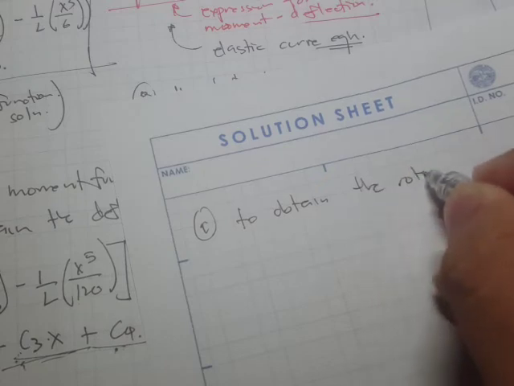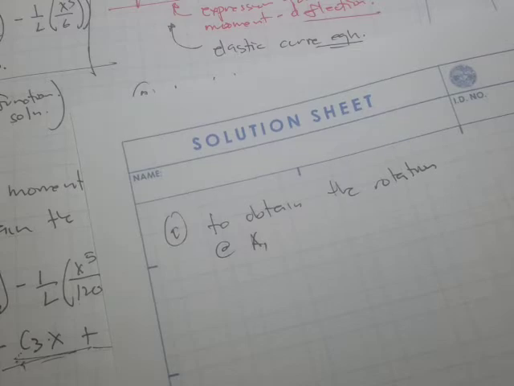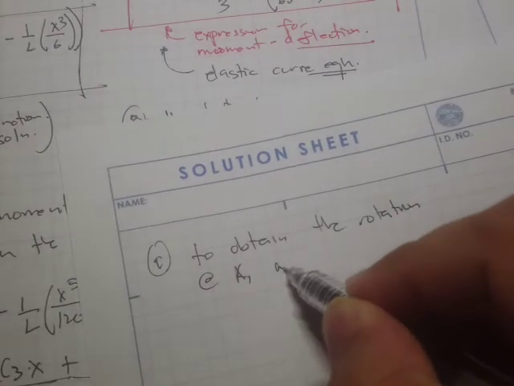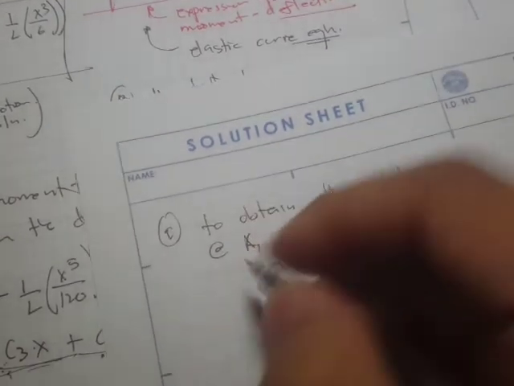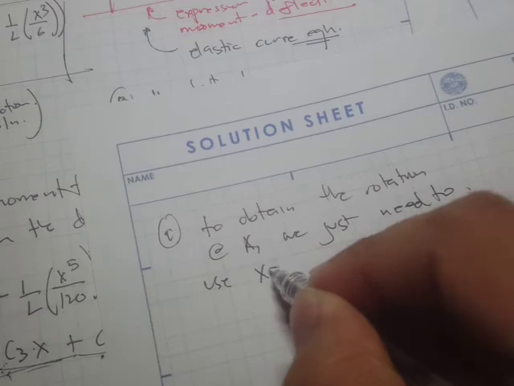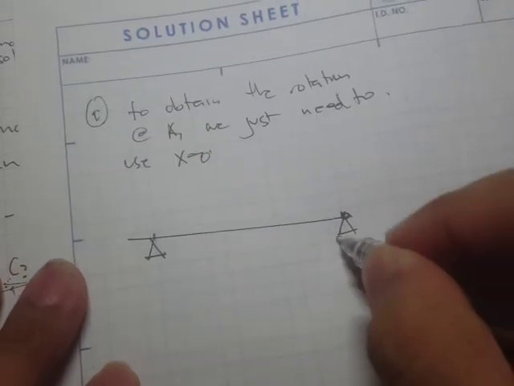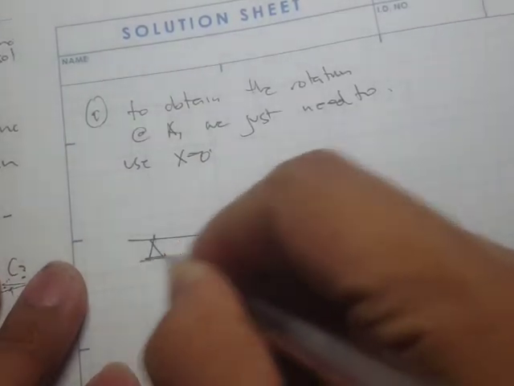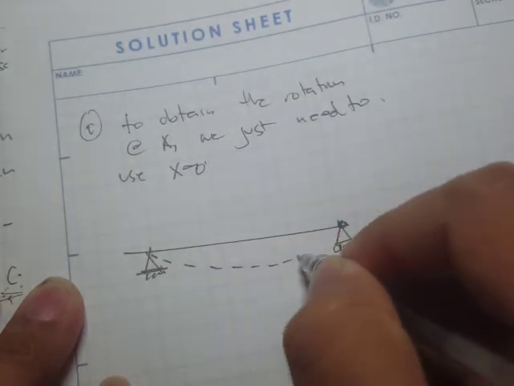And lastly, to obtain the rotation at A, we just need to use x is equal to 0, right? So here is our beam, and here's our deflection curve.